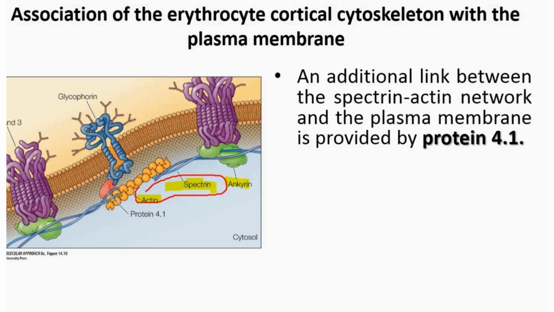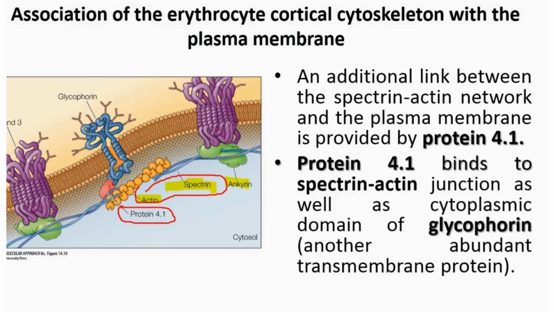Protein 4.1 provides an additional link to the spectrin-actin network. It binds to the spectrin-actin junction as well as the cytoplasmic domain of glycophorin, which is another abundant transmembrane protein.